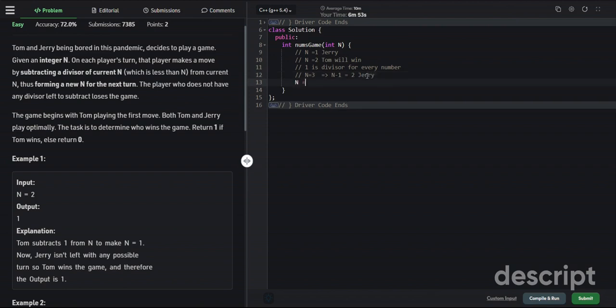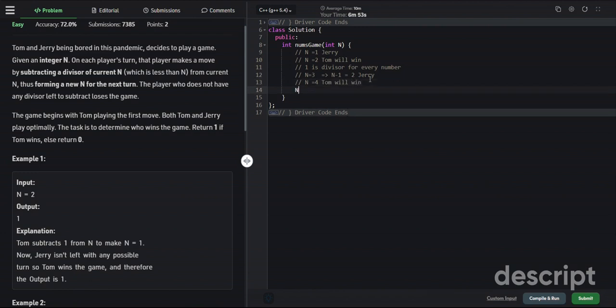Similarly, if you consider n equals to 4, you will find that Tom just needs to see the previous condition: if n was 3, then Jerry was winning, right? But now, since Tom wants to win, what will Tom do? He will reduce this even number by 2. So Tom will win in this case.